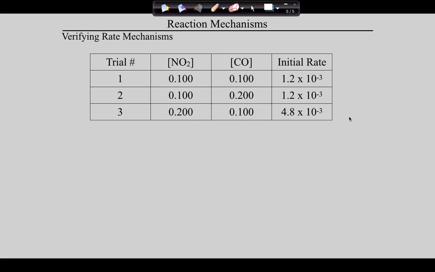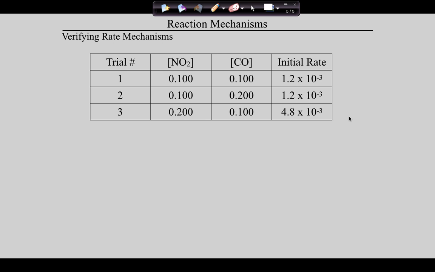Now we can figure out the reaction orders. So how can we do this? Remember what we're going to do. We're going to reference trials and establish controls. So guys, referencing trials 1 and 2, where NO2 is controlled and the concentration of CO doubles, what happens to the rate? It doesn't change, making CO a 0 order reactant.